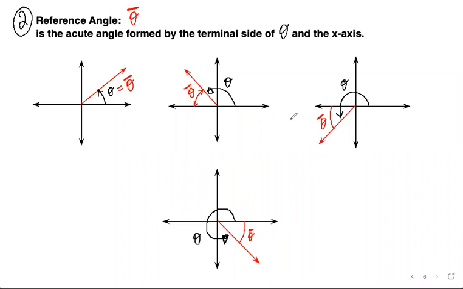So I'm going to give you a table. In this table, all these angles have the same reference. Angle in the first quadrant, angle in the second quadrant, angle in the third quadrant, angle in the fourth quadrant.